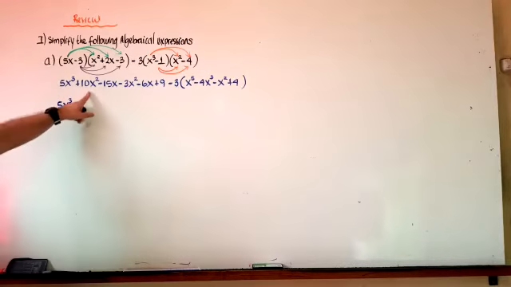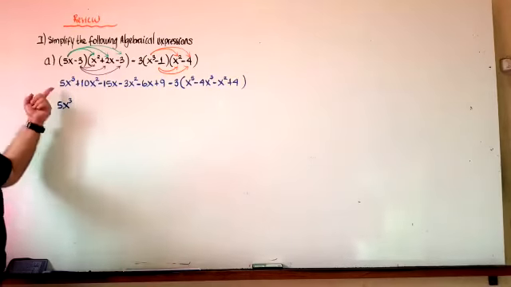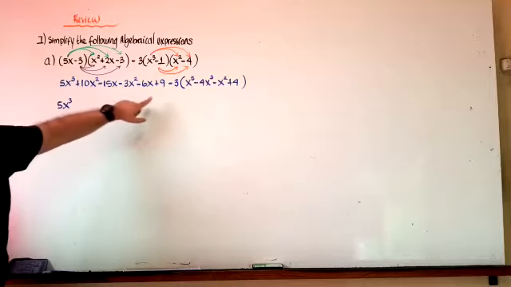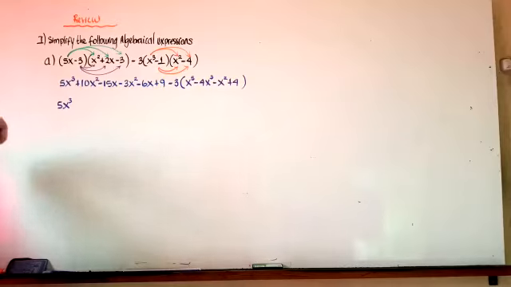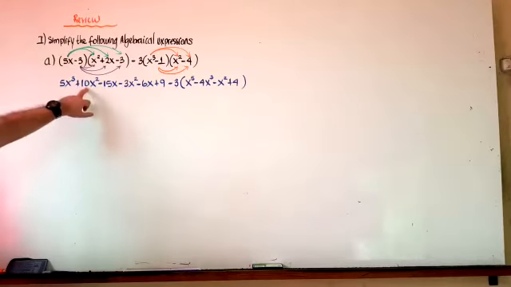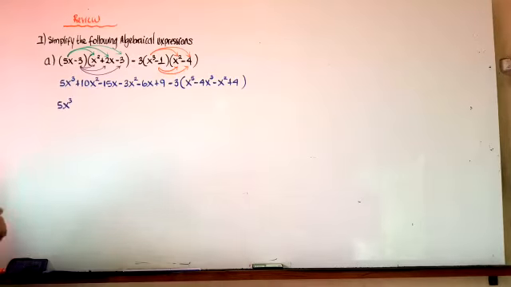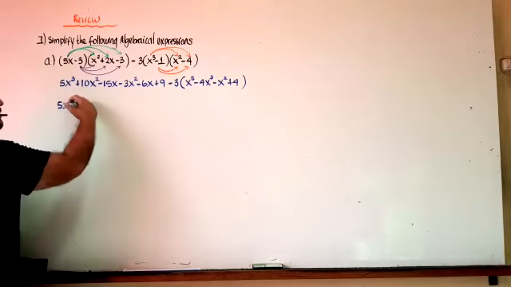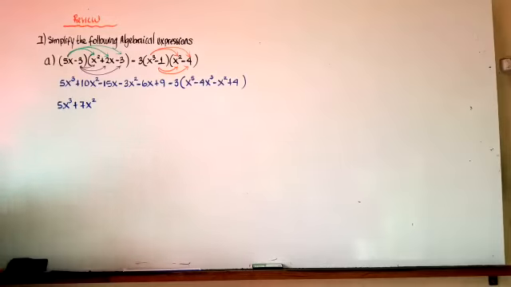There is no other x cubed, that's the reason. However, we have 10x squared and we have -3x squared. For that reason, 10 minus 3 will be positive 7x squared, right?